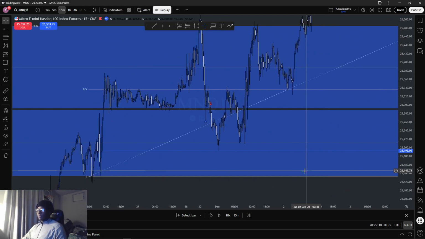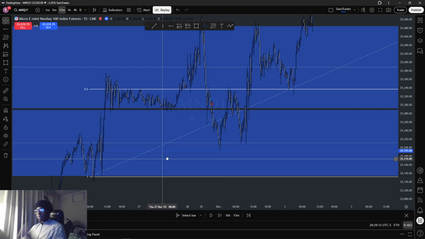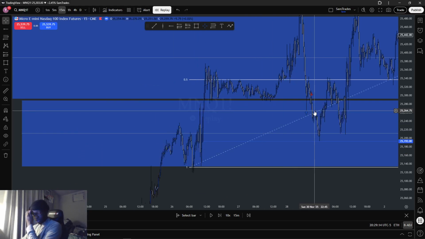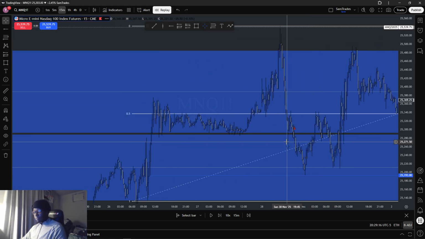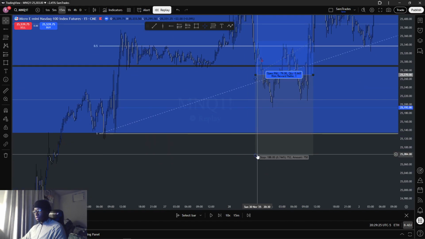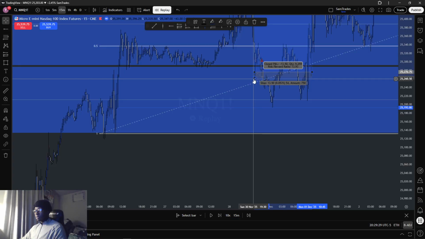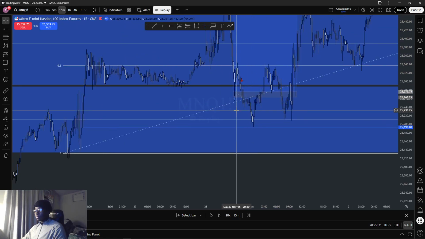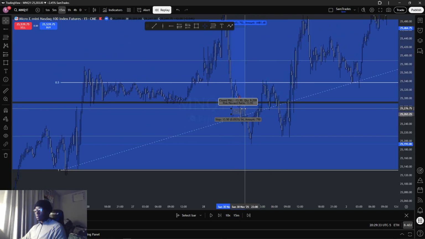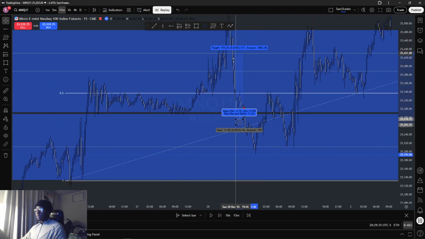But I didn't really find entry here. I found entry here. I wanted to see this get swept, and it did, and I took that setup instead. I feel like that high would have been a great target.